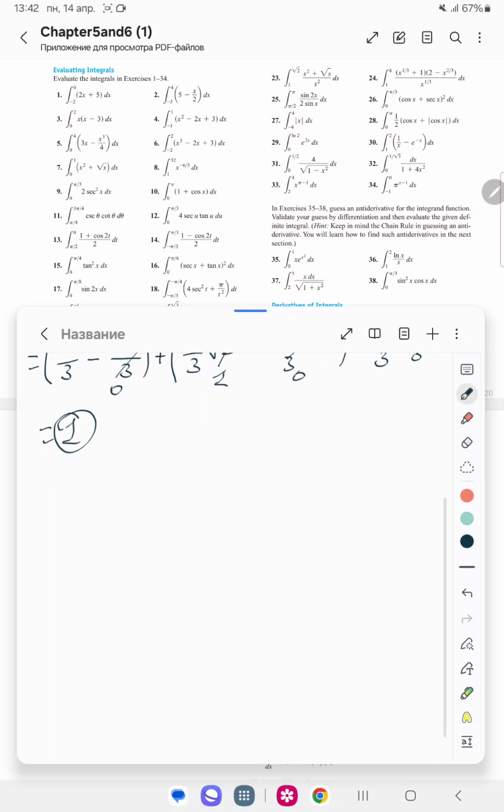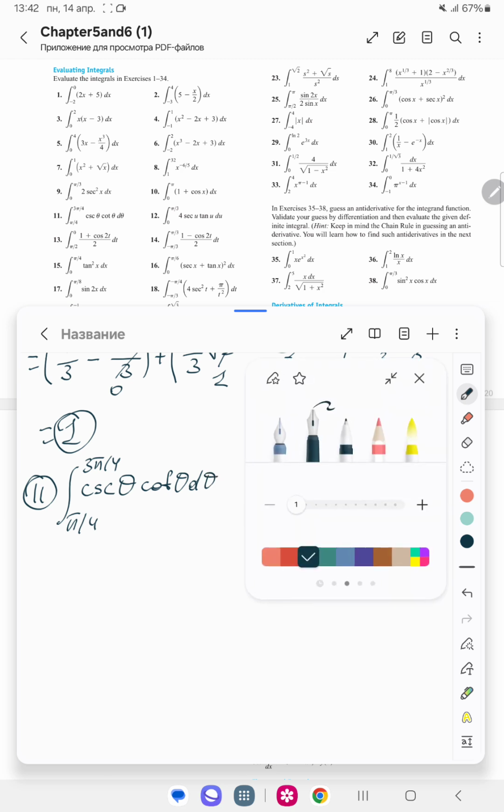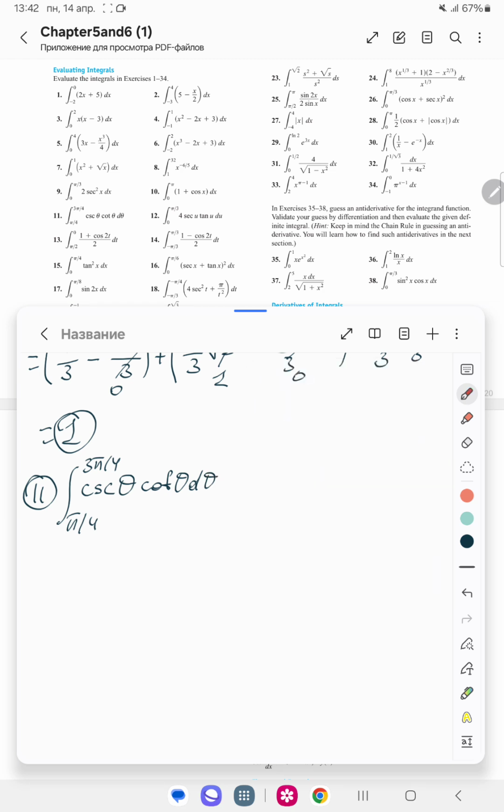Now let's do some trigonometry. For example, 11. It says find the integral from pi over 4 till 3 pi over 4 of cosecant theta cotangent theta d theta. Remember, we have the formula.